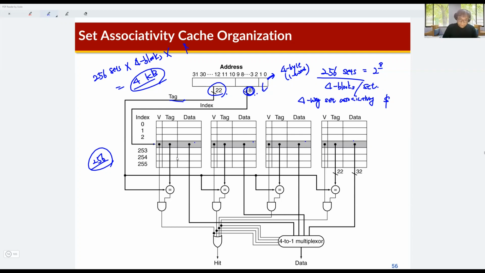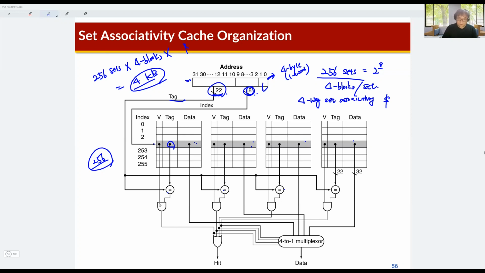Each block has a valid bit and a tag. We compare this tag with the tag field of the requested address, and identify whether the requested data exists in the cache.